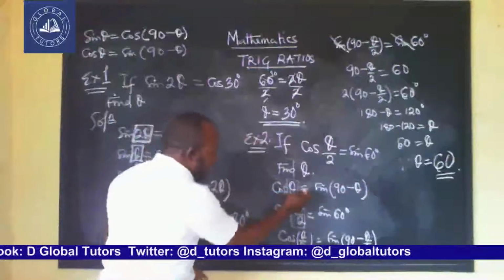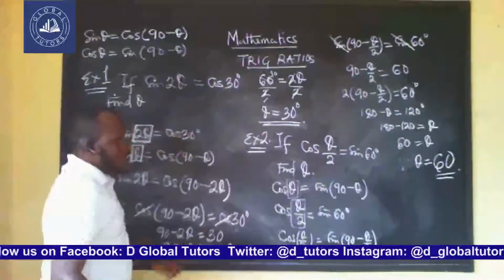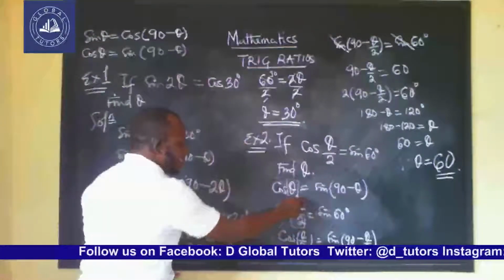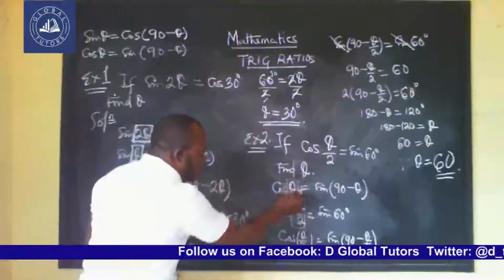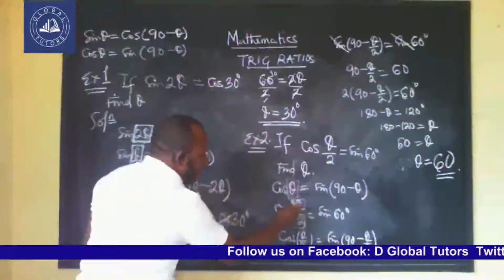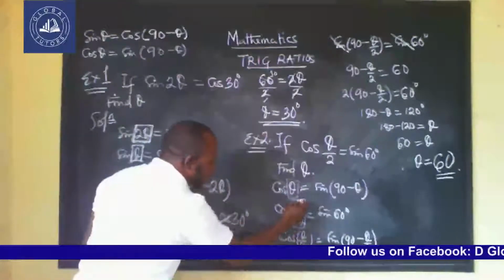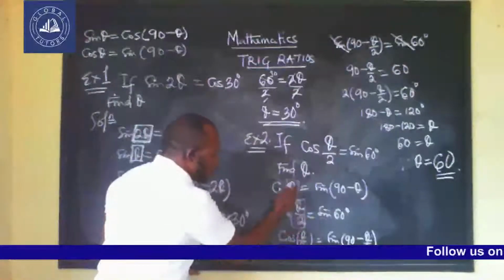Cos theta is sine 90 minus theta. Now, in the question, we are not given theta. What we are given is what? Theta over 2. Now, this sine theta is the same thing as everything you have here, theta over 2. So I can do substitution for theta.